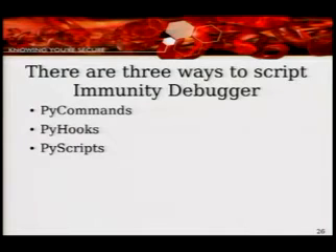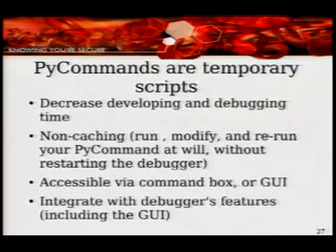There are three ways to script Immunity Debugger: the PyCommands, the PyHooks, and PyScripts. I'm going to talk about the first two in this talk. PyCommands are Python scripts. They will help you decrease the development time.